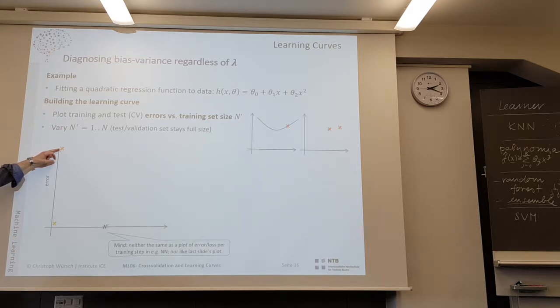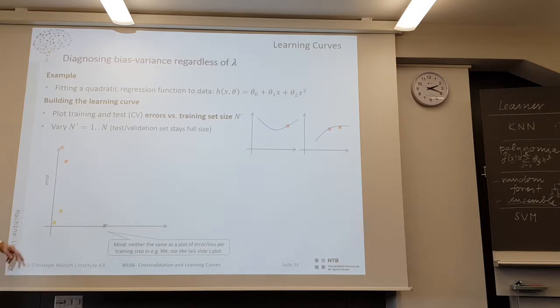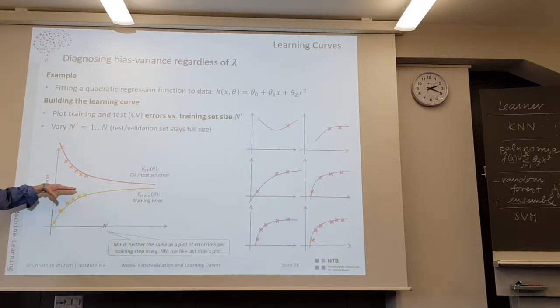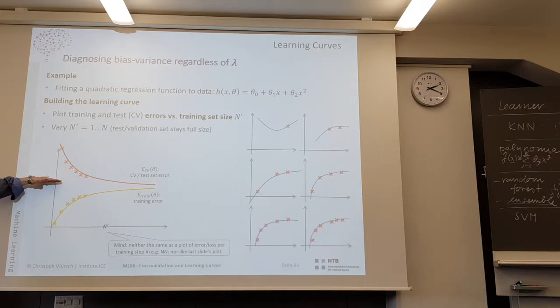As I add more data, the model, still on our second order curve, is not a perfect match now, even on the training data, but we also get a better accuracy now on the test data. But these curves then converge at a given level.